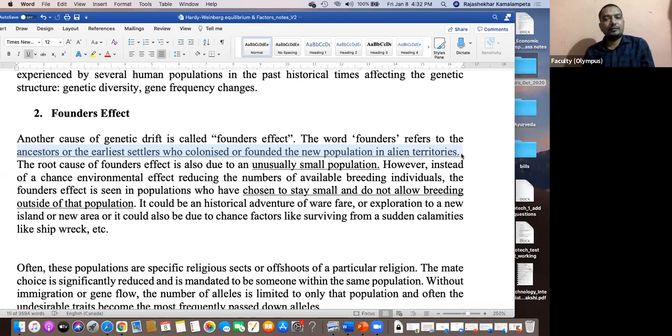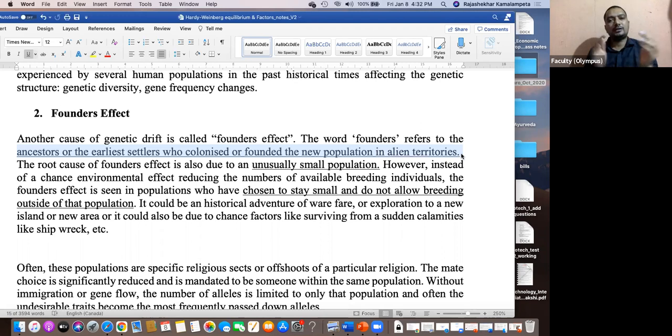So founder's effect mainly refers to migrants, people who moved from one place to another and established their own colonies. I'm not sure if you learned about the Amish populations who moved to North America from Germany. So some populations in olden days actually moved and established themselves in new areas.